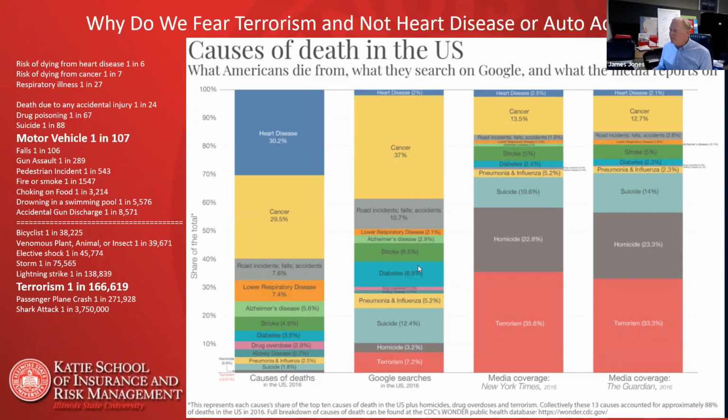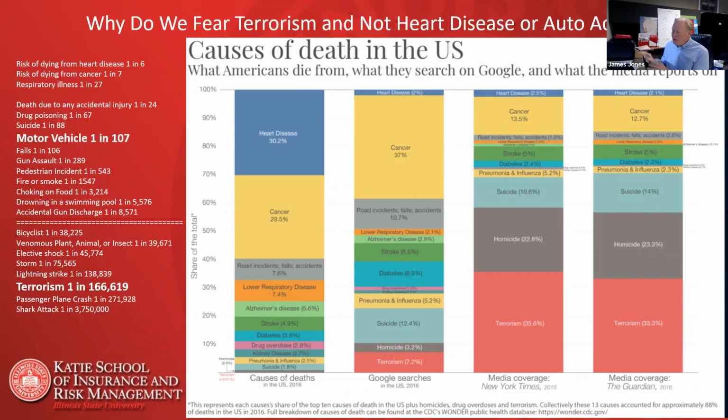Diabetes actually comes up fairly high in Google searches, as well as suicide. Terrorism more than what you would find in the actual causes of death. So if you go back, remind ourselves here, terrorism is 1 in 166,619. So it's much higher in terms of Google searches.